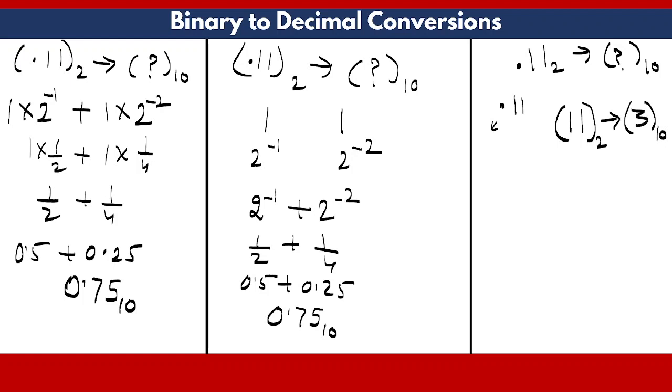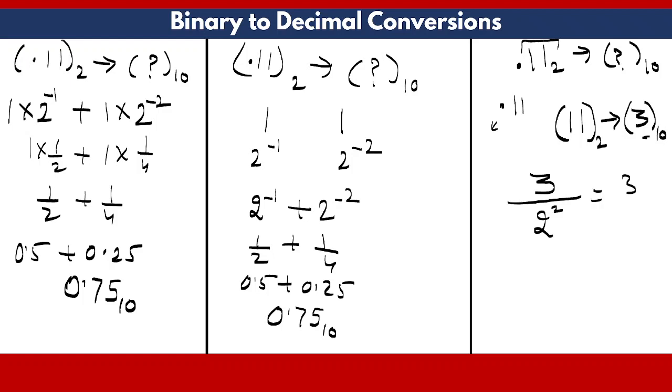Having found that, now we will perform the division. The numerator will be this value 3, that is the decimal equivalent, and we will divide it by some power of 2. So what will be the power over here? Count how many bits there are in this fraction portion. So it has a total of 2 bits. So that 2 will become the power over here.